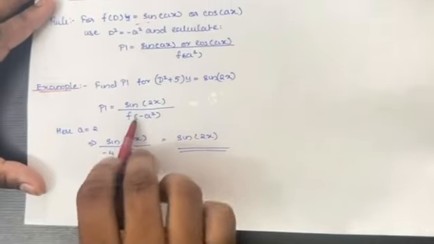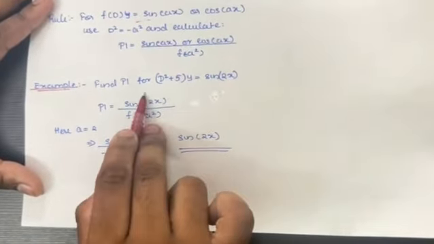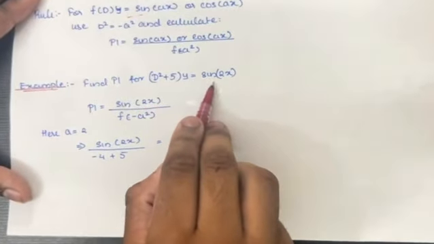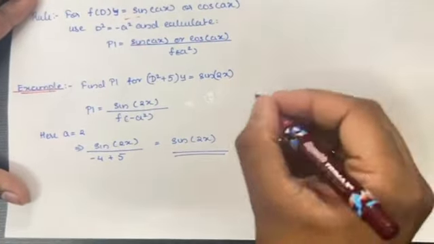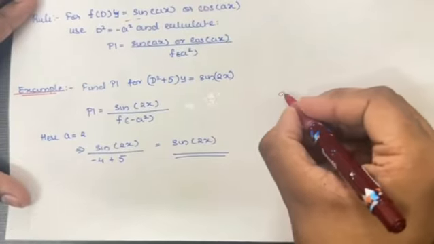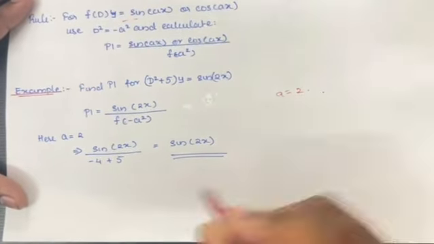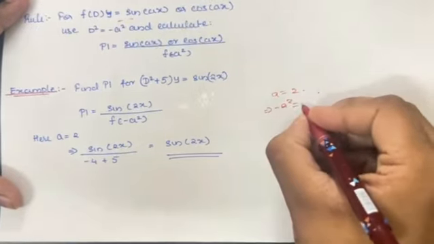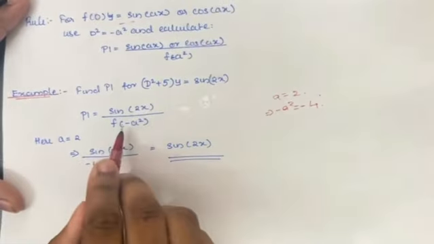Now coming to our first example. Here the given equation is D square plus 5 into y is equal to sin 2x. From this we can identify that a is equal to 2. That implies minus a square is equal to minus 4.